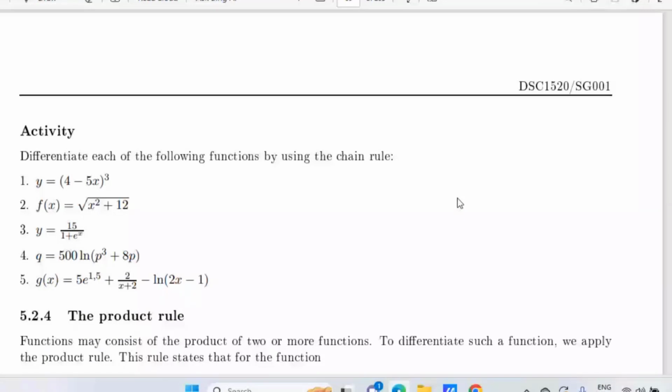For the second term. And then the last term will be negative 1 over 2x minus 1. Do we agree on the last term? Okay. We agree, sir.